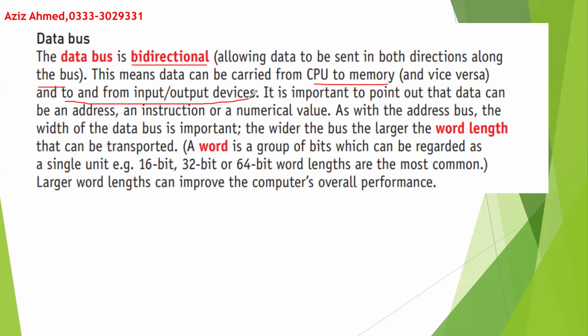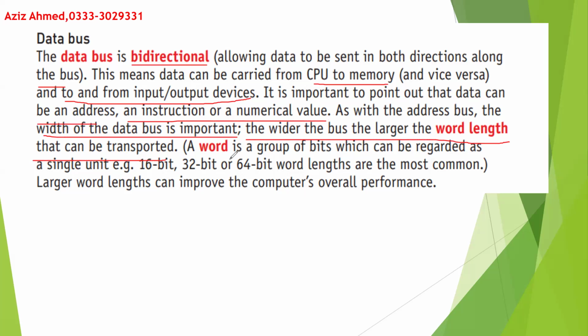To and from input output. It is important to point out that data can be an address, an instruction, or a numerical value. As with the address bus, the width of the data bus is important. The wider the bus, the larger the word length that can be transported.